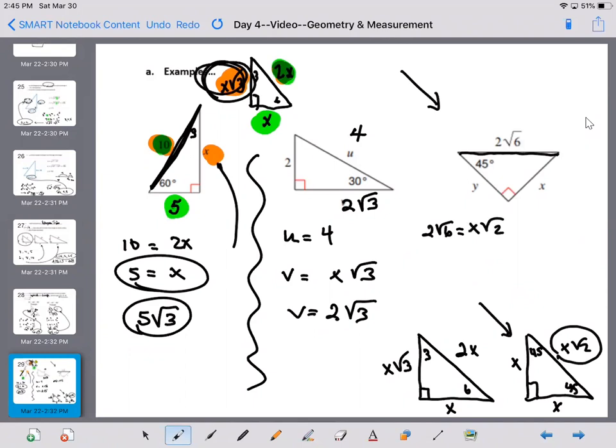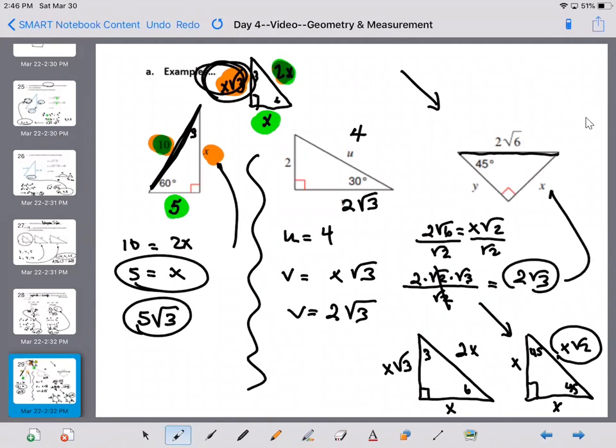So we're going to divide both sides by the square root of 2 to figure this out. 2 times the square root of 6 is the square root of 2 times the square root of 3, and then you've got this square root of 2. So this will divide out, leaving you with 2 square roots of 3. So that's what this side would be, and that's what this side would be.